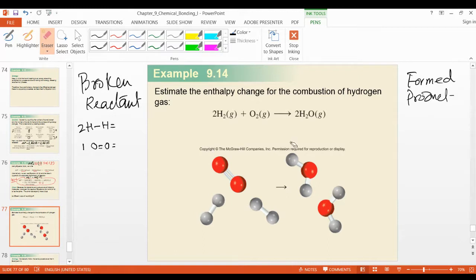Okay. All right. What about the product? Other student, please tell me how many bonds are formed in the product. We have around 4 bonds formed. Right. So H2O, first of all, I will write the formula of water like this. This is water. And now it has 2. So we write H-O single bond. This is already 2 here, right? 1 here, 1 here.